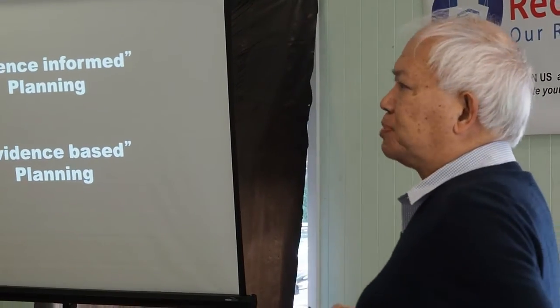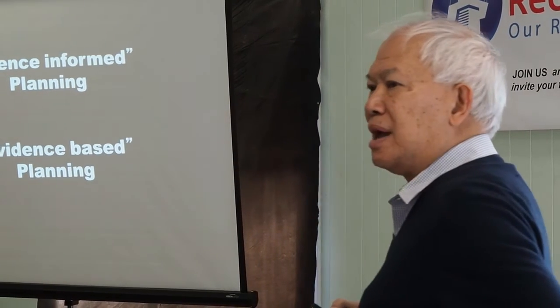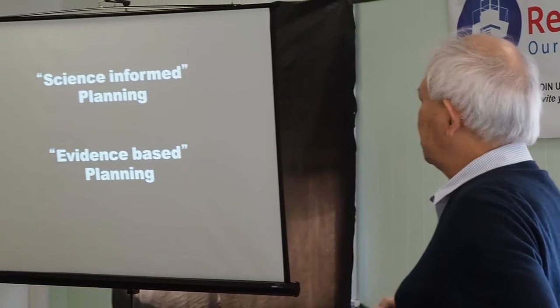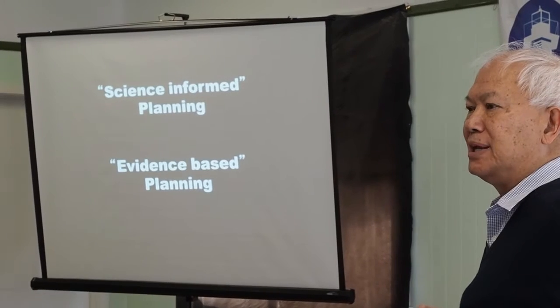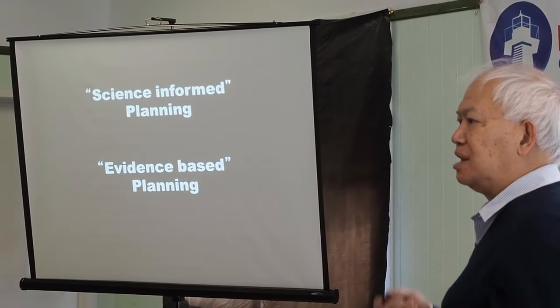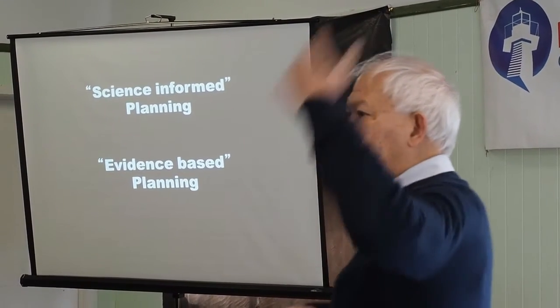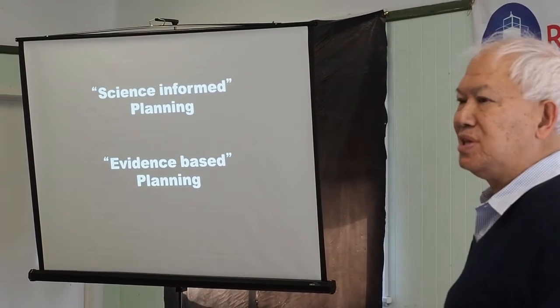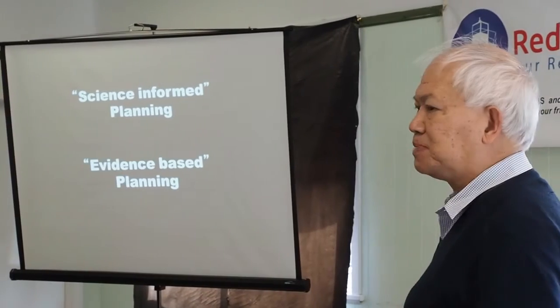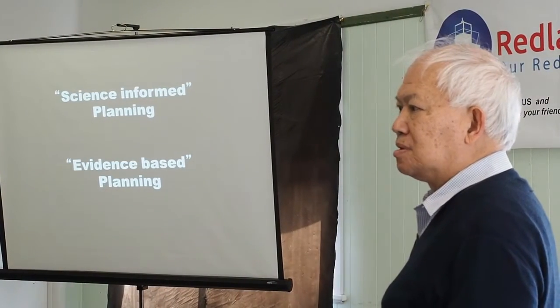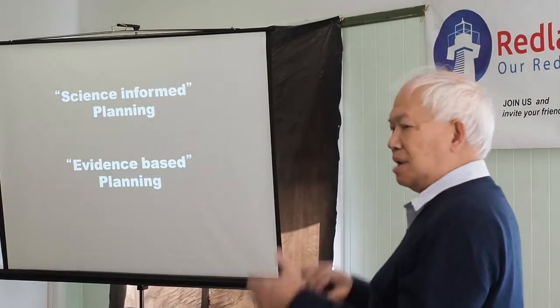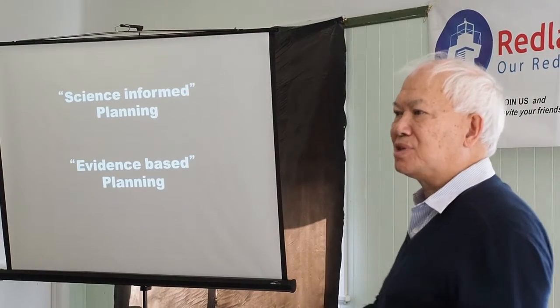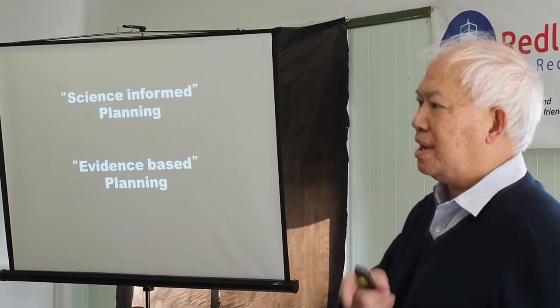The other approach to planning which we advocate is sometimes referred to as science-informed planning. In other words, we're not planning from the seat of our pants, we're not plucking things out of the air, we're basing it on science. In other words, we're basing it on evidence. It's evidence-based planning. So when you look at a plan, ask the question, this policy, on what evidence is it based?